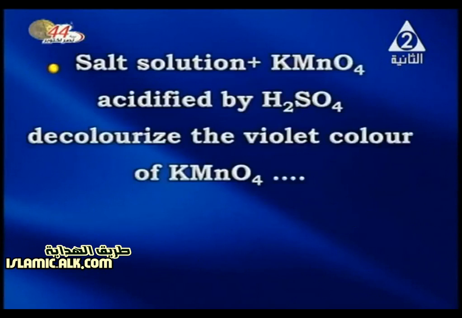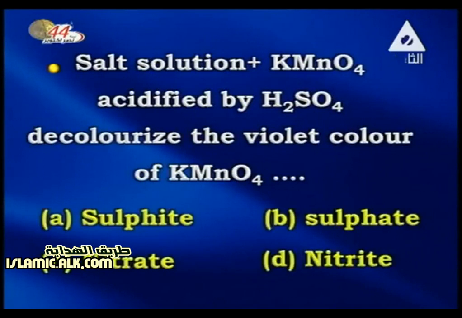Next point. The salt solution plus potassium permanganate acidified by sulfuric acid decolorizes the violet color of potassium permanganate. Is it sulfite, sulfate, nitrate, or nitrite? Yes, the answer will be nitrite.